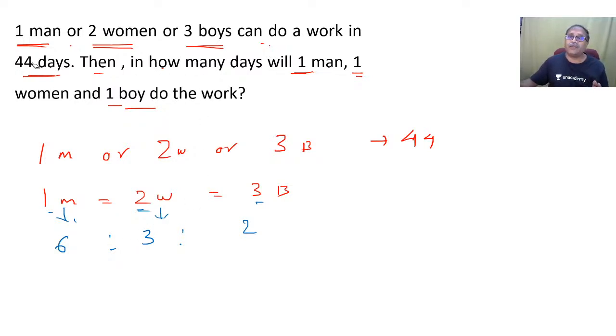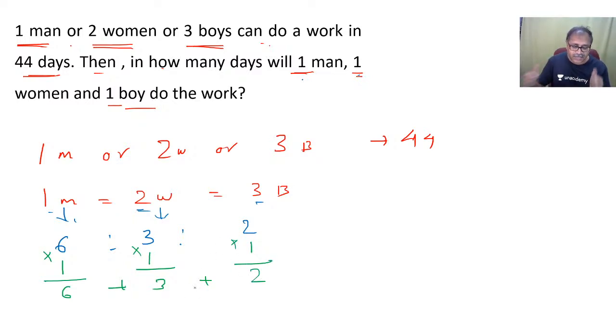Now, I know that one man, one woman, and one boy. So let's take the number over here. One man and one woman and one boy. And then the man's efficiency, this is 6, plus the woman's efficiency, that is 3, plus the boy's efficiency, which is 2.